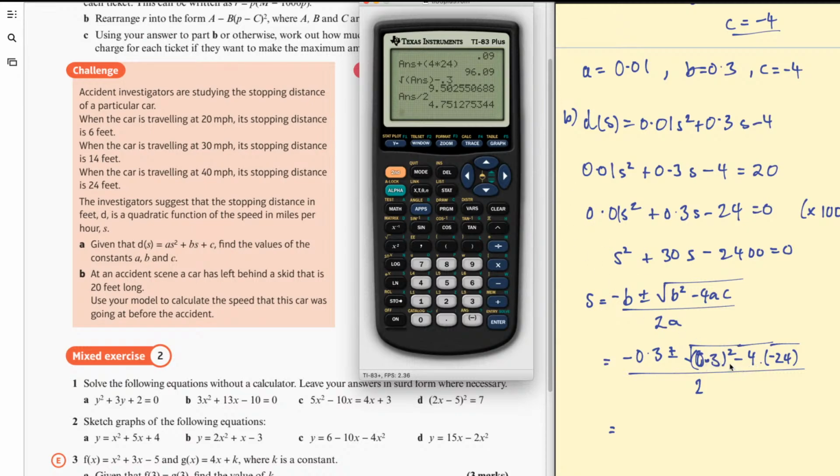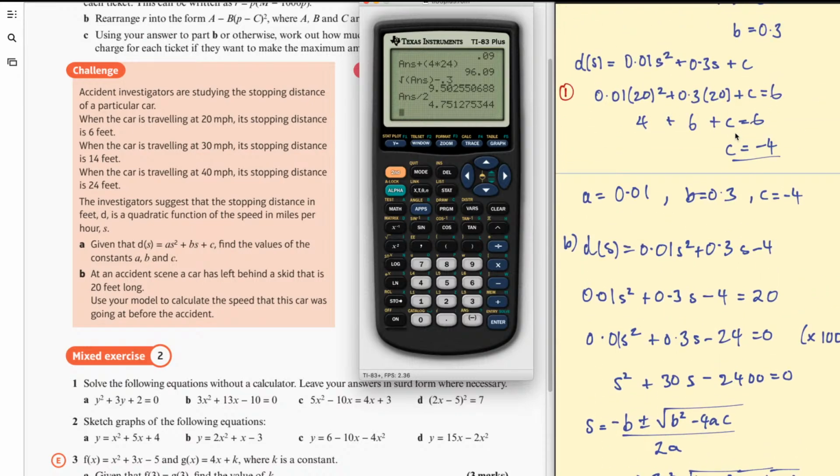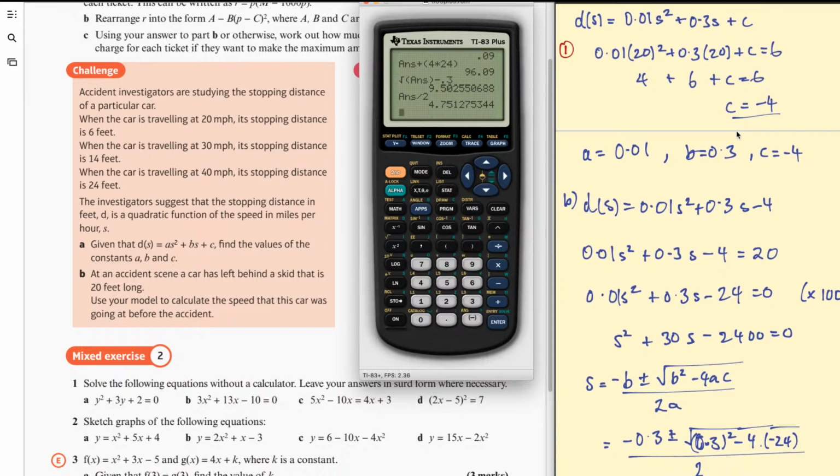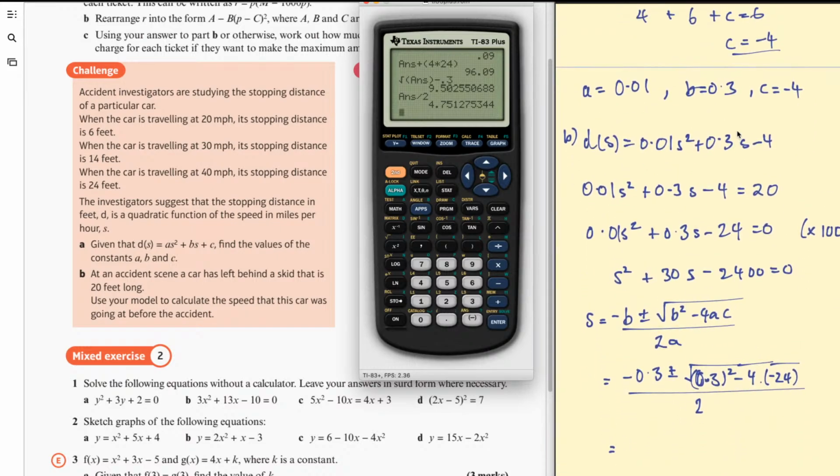96.09, the square root of that, take 0.3. Oh, maybe C is wrong here, although I don't think it is. Let's see. Yeah, maybe C is wrong.